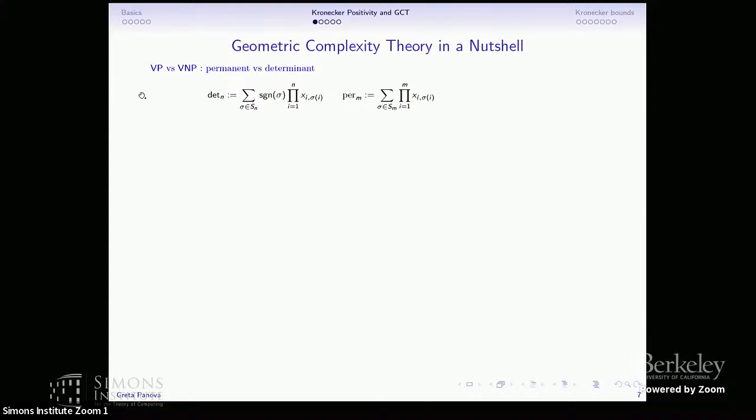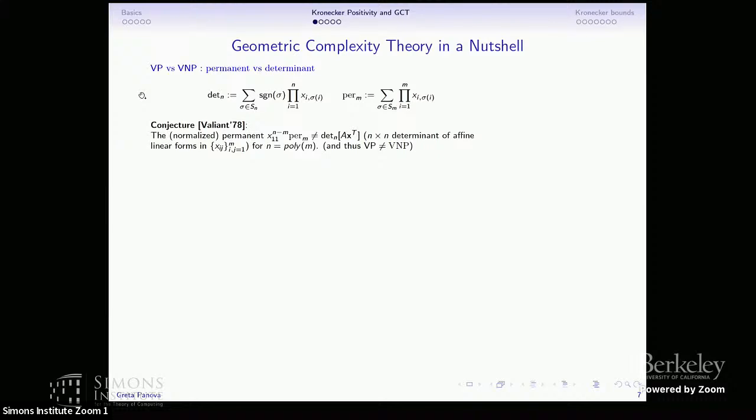Distinguishing VP and VNP boils down to distinguishing the determinant and the permanent, in the sense that the determinant is a universal polynomial for VP, and the permanent is VNP hard. So if we show that the permanent cannot be written, this is quite small, I don't know if you can read it.